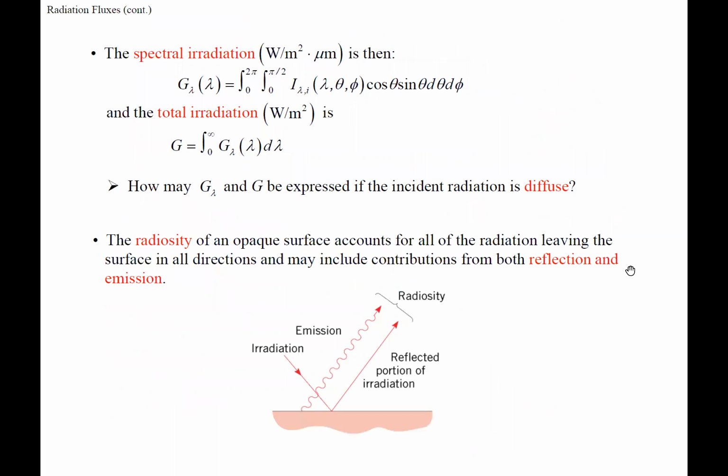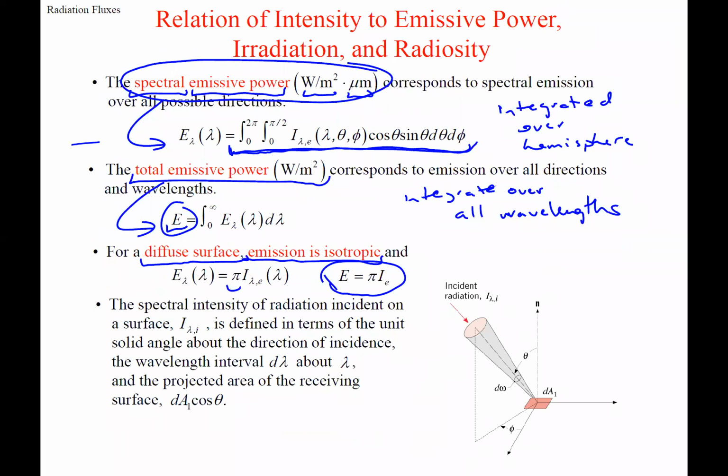We can do similar things with spectral irradiation. So you see it's wavelength and irradiation. Everything else looks the same. G tells us about irradiation. If you compare the equation at the top to this one at the top, it looks the same except for those things I just mentioned.